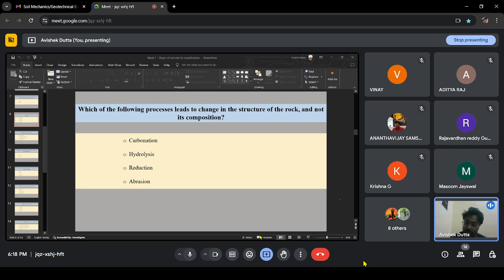I'll repeat the question once. That means only the structure, that is the physical structure of the rock, is modified, but the composition, that is the mineralogical composition of the rock, is not changed. So the process is either carbonation, hydrolysis, reduction, or abrasion.